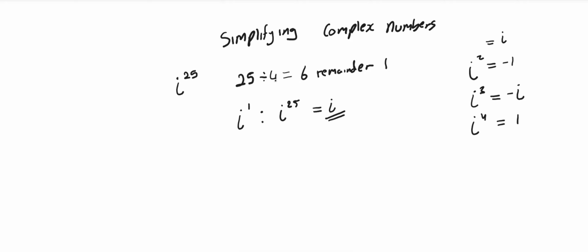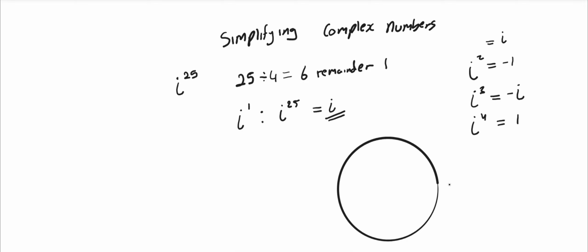And the reason why we're dividing by 4, if you had to ask, is if I had to draw a circle for you just to explain it, we would have 1, negative 1, i, and negative i.